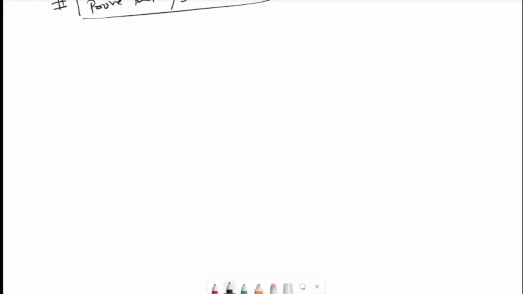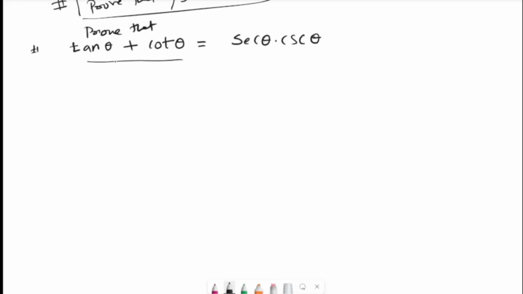Okay, first question. Tan theta plus cot theta is secant theta times cosecant theta. Prove that. This is a typical equation. We're told to prove that the left hand side, when you simplify, becomes the right hand side.